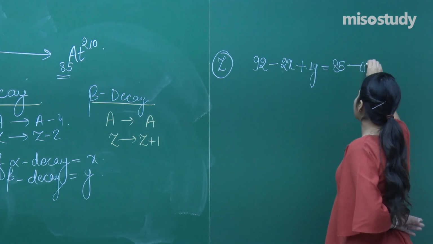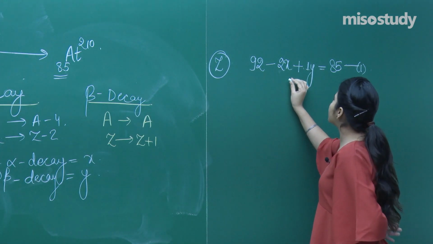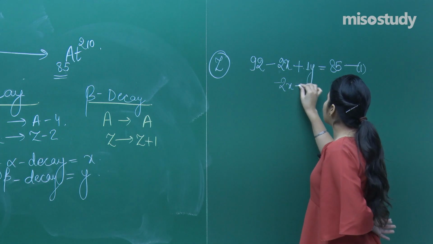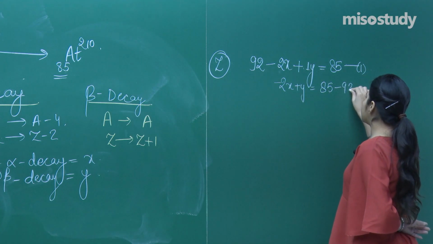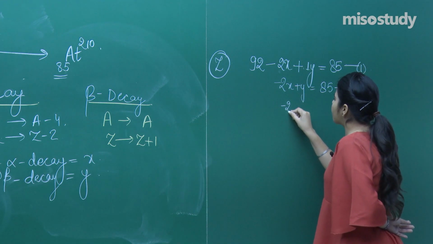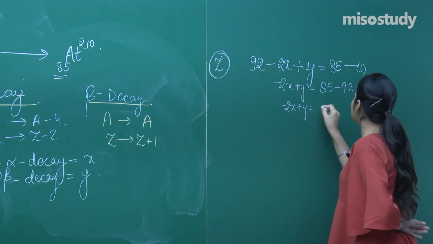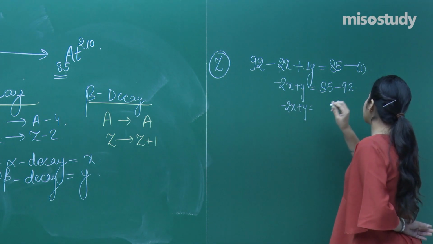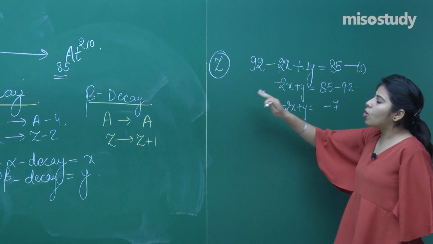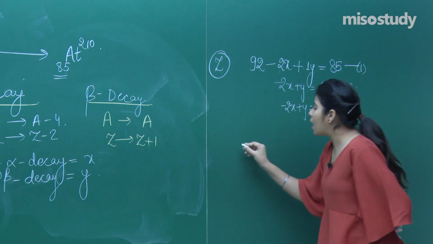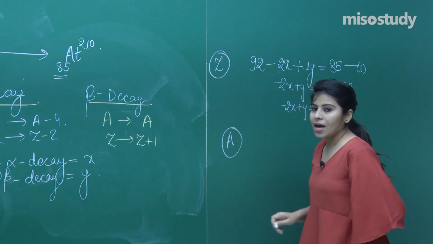This is your equation number 1, or you can further solve it as minus 2x plus y equals 85 minus 92. So you will have minus 2x plus y equals minus 7, right?